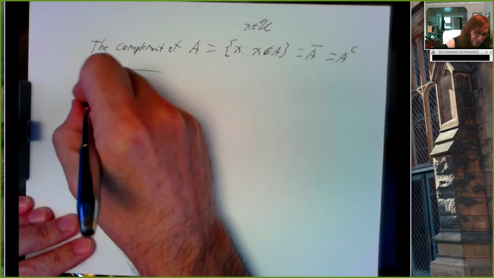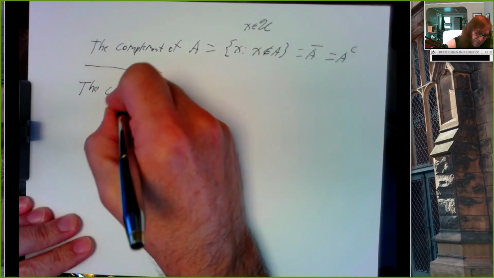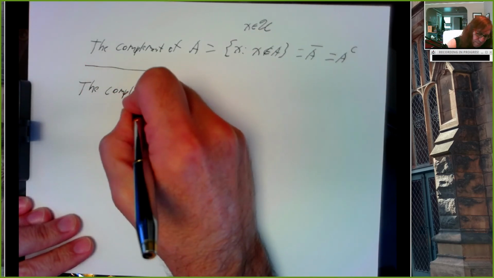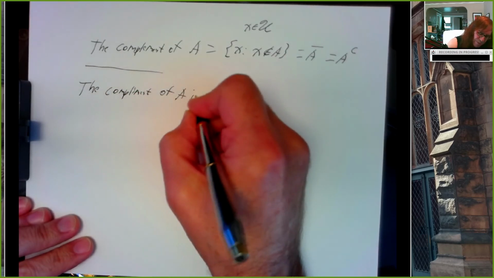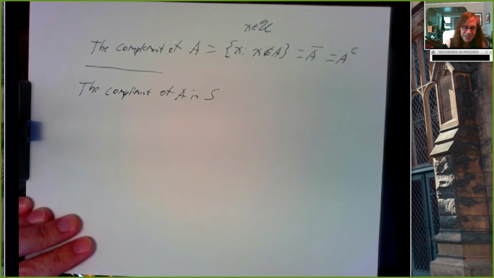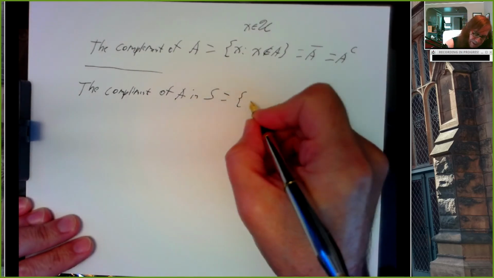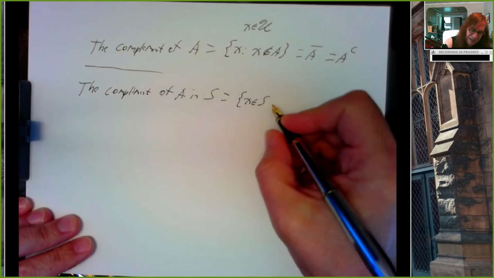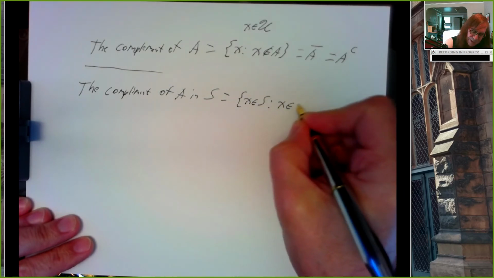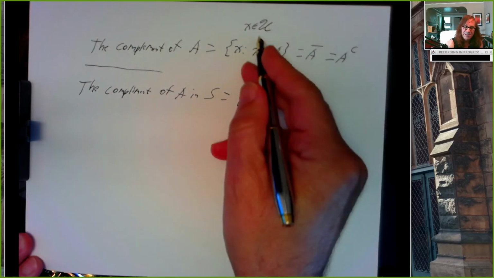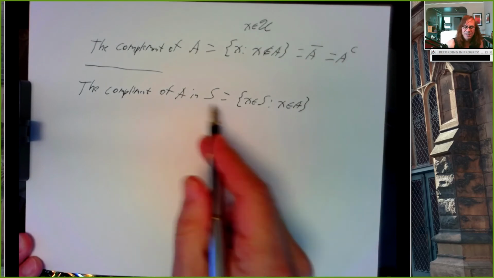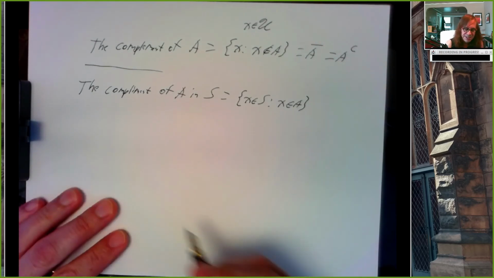But there's a more general notion of complements, which is the complement of A in some other set S. And this is the set of all things in that set S which are not contained in A. So we can talk about the complement of A in the entire universe, or we can talk about the complement of A in some other set.